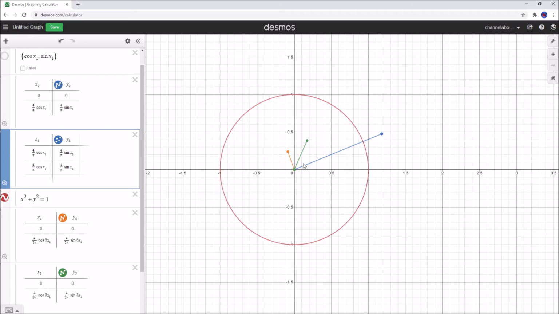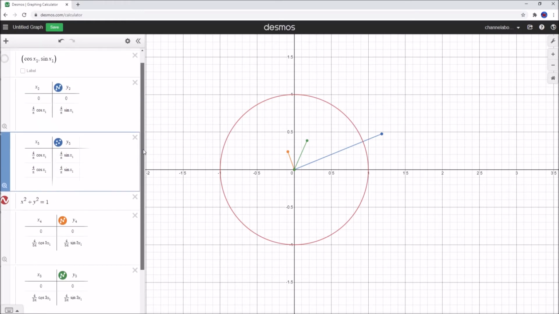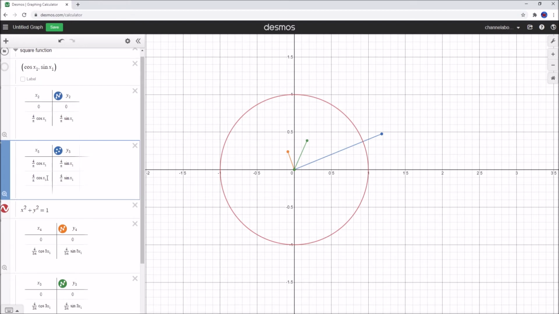But we have to add on this extra distance for the x and this extra distance for the y. We already know this distance, because it's given by the green function, which is 4 upon 3 pi cos 3x1. So we have to add this value and also this value onto this function.